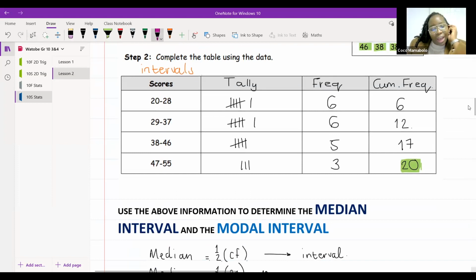So if I asked you to find the 4th number, it would have to be in this interval. Give me a thumbs up if that makes sense. If I said, find the 4th numbered score, it would be in the first interval.